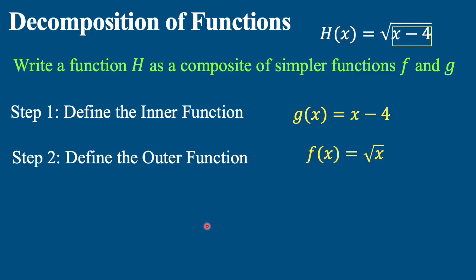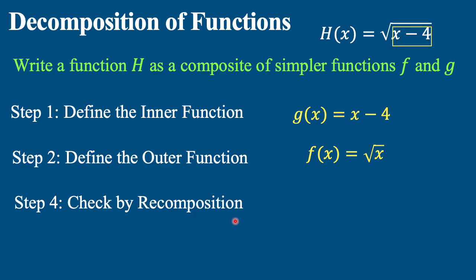Then let's try composing the two functions to make the original function h of x. Let's see. f of g of x is f of parentheses x minus 4, because g of x is x minus 4. x minus 4 goes into the square root. Then you have square root of x minus 4.